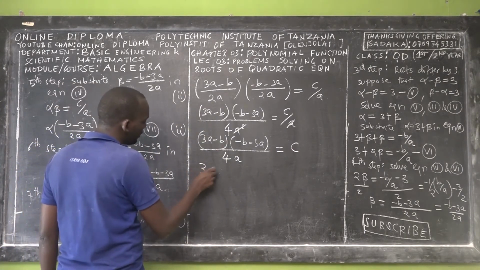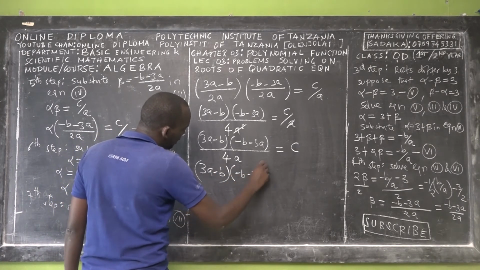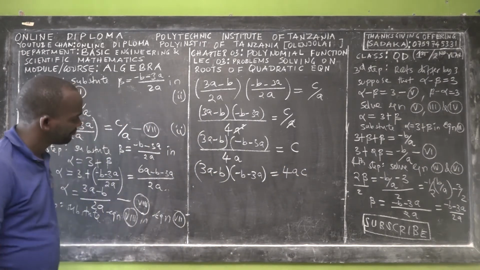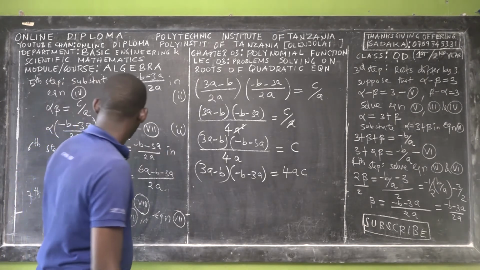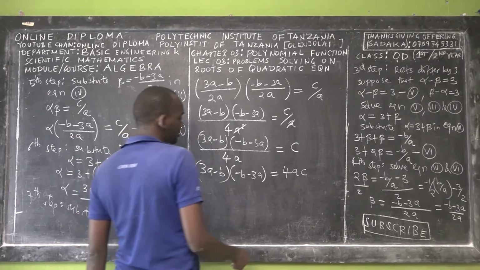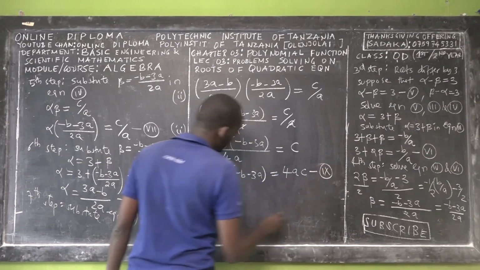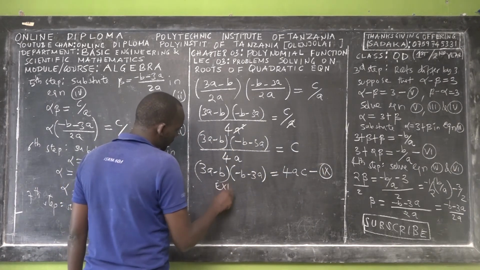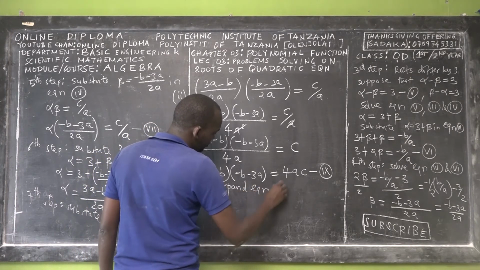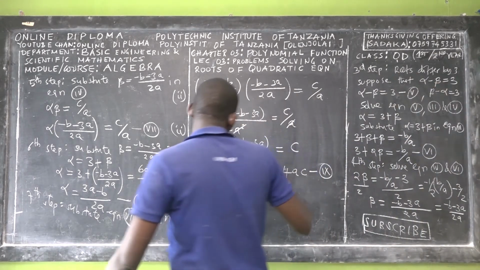So you have 3a minus b, negative b minus 3a, equals 4ac. So you have to expand it. So this is equation 9. Okay, so let us continue. Let us expand equation 9.